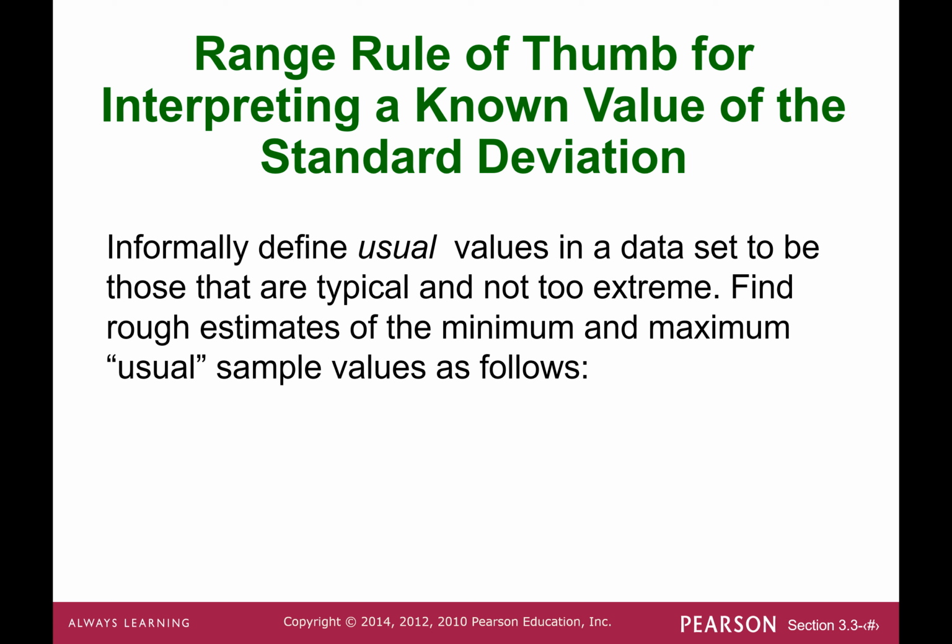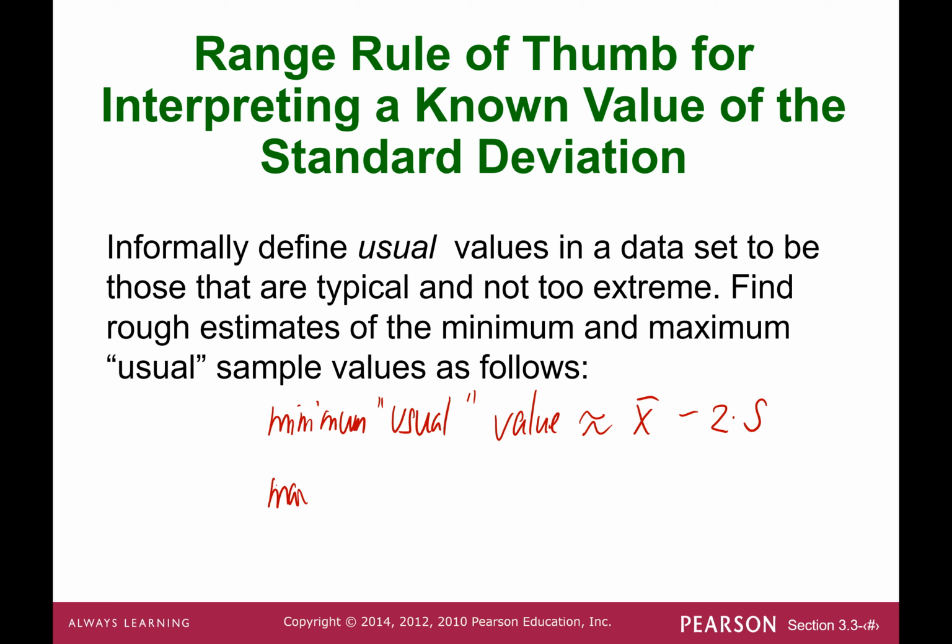According to this range rule of thumb for interpreting a known value of the standard deviation, we can estimate a minimum usual value equal to the sample mean minus 2 standard deviations. So it's on the left hand side of the mean.